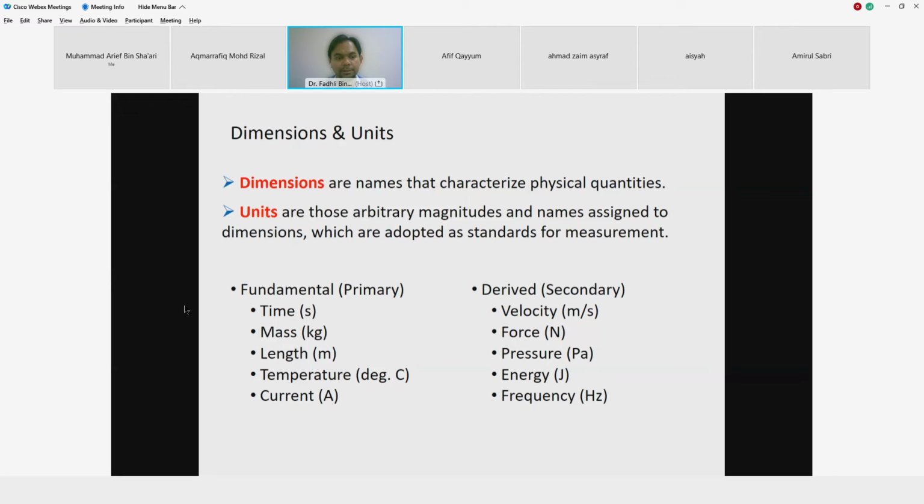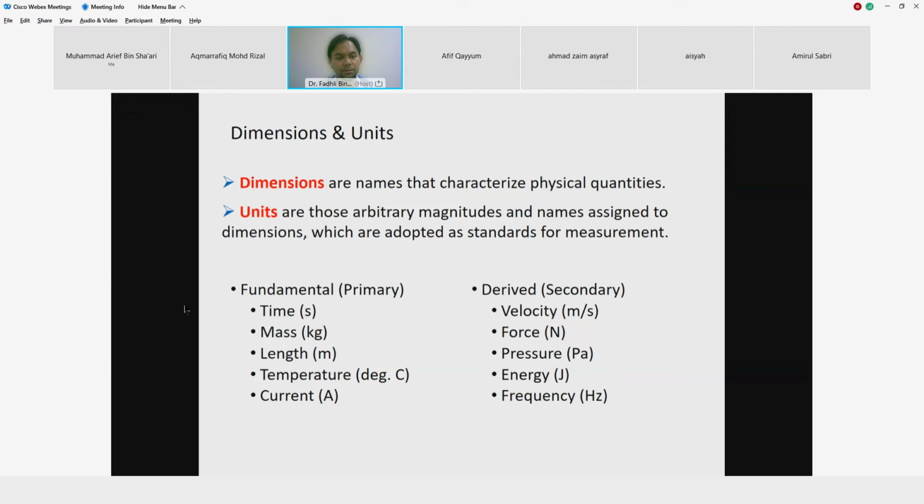So here they have two types of dimension. First one is fundamental or primary, and the second is derived or secondary units.